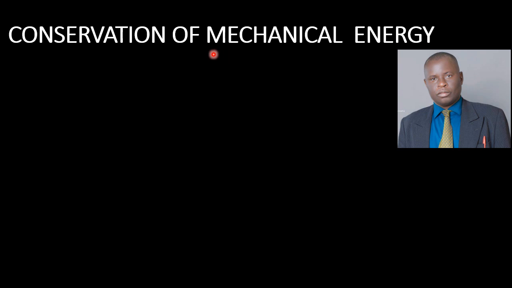The potential energy is further subdivided into gravitational potential energy, which is the energy of a body due to its height, and the strain energy, which occurs in stretchable objects such as springs.